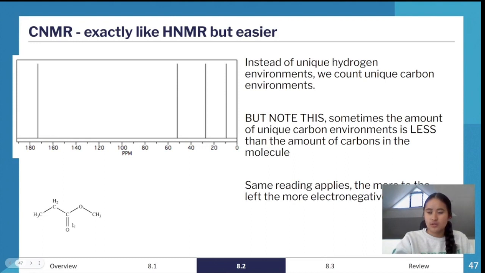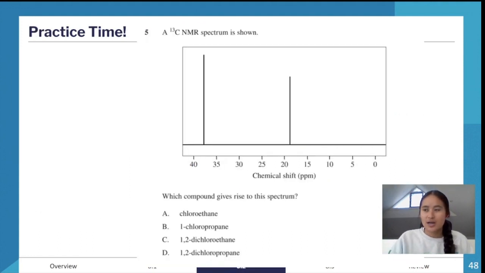Those are our 4 unique carbon environments. The number of carbons in this molecule is the same as the number of unique carbon environments. So this is one of the easy ones, but sometimes they like to trick you with symmetrical stuff, so just be careful with that. CNMR is read the same way as HNMR, just no splitting, which makes it so easy to read. Just count the unique carbon environments by counting the number of peaks, and then go from there. So, practice time.